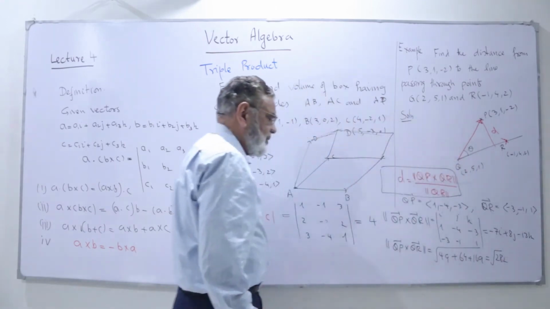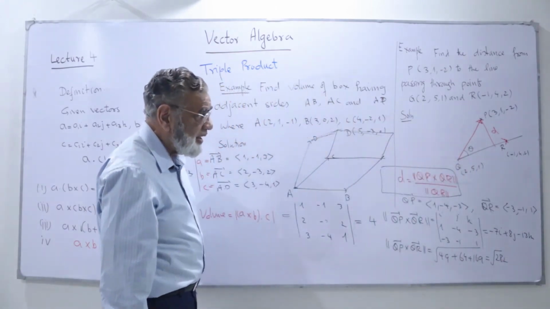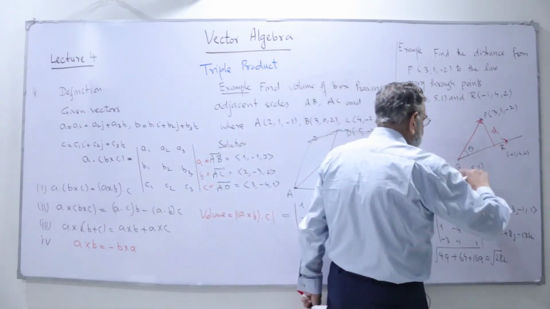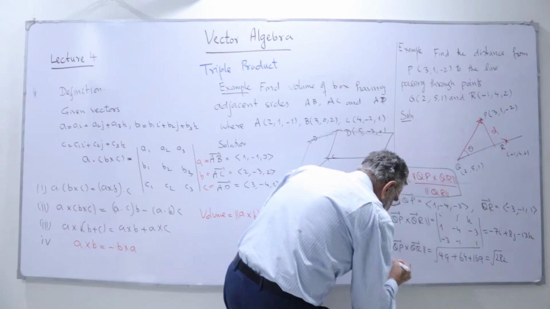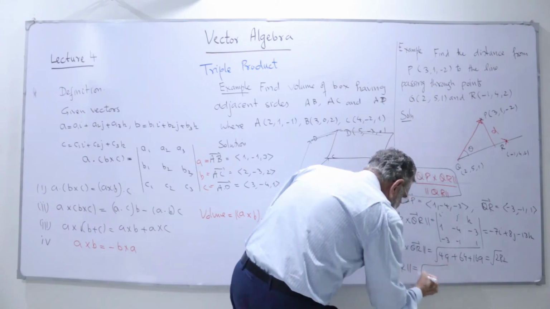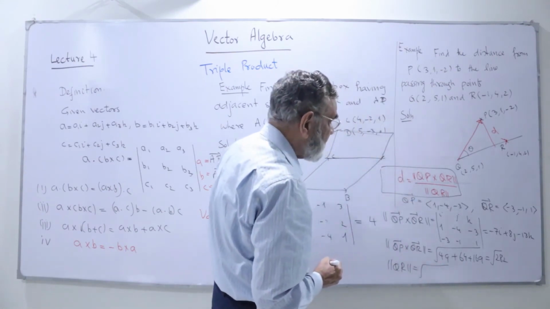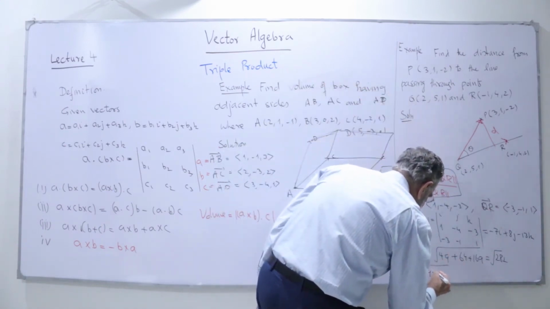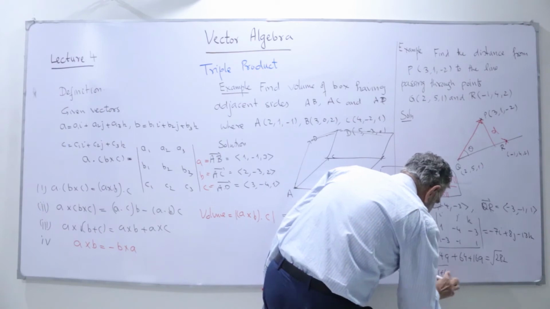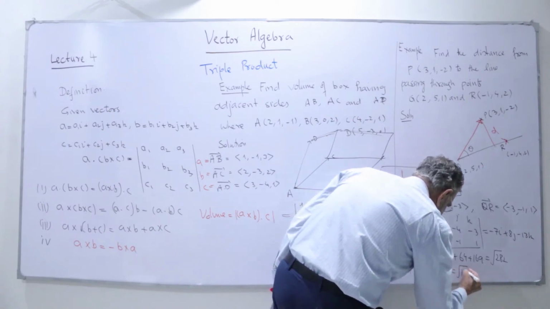So this is the magnitude of QP cross QR. Now I divide it by the magnitude of QR. For QR, the magnitude is the root of 9 plus 1 plus 1, which is the root of 11.